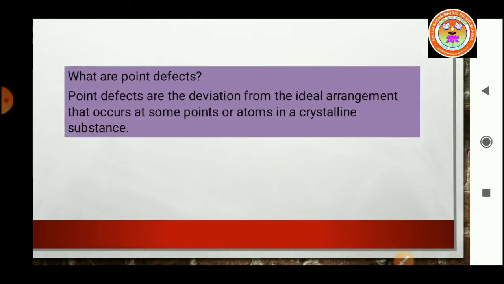What are point defects? Point defects are deviations from the ideal arrangement that occur at some points or atoms in a crystalline substance. Now clear? What are point defects?